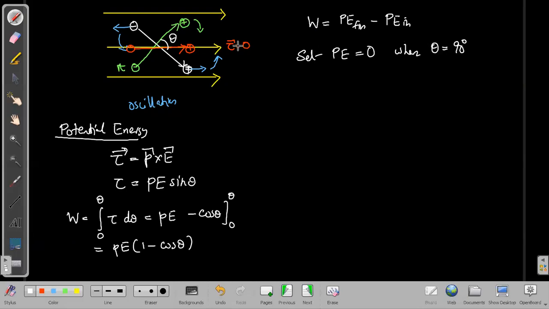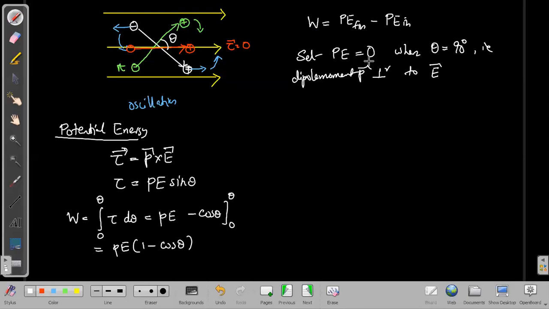That means when the dipole moment P is perpendicular to the electric field, we set the potential energy to 0. This is our choice.